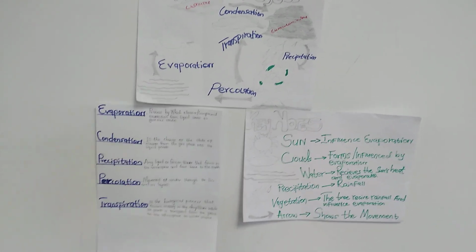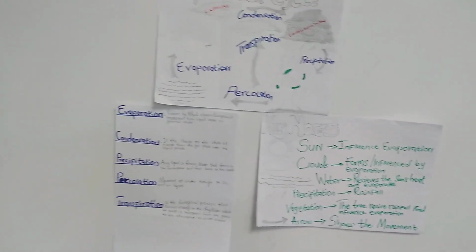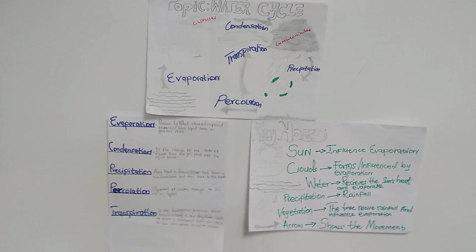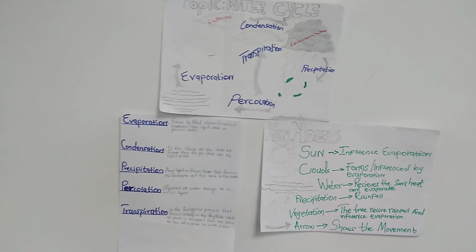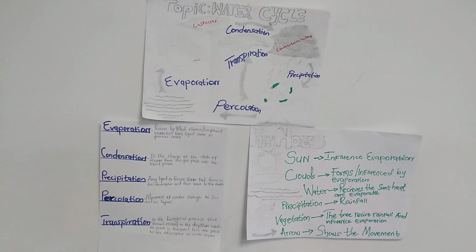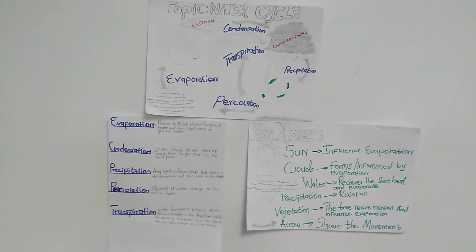Then we have percolation, the movement of water through the soil and its layers. We understand that the soil or the ground has layers, and those layers allow water movement to take place, and that process is called percolation. And then you've got transpiration.